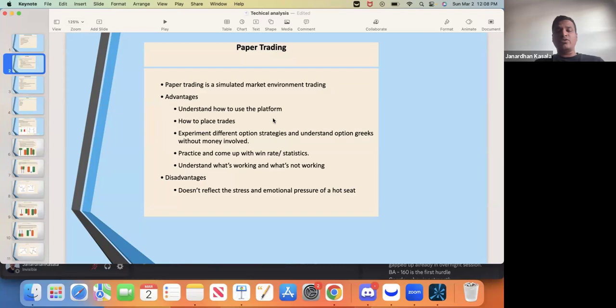But like how to use the platform, how to place trades, and if you want to experiment with options, you go place options trades, no money involved. Want to experiment with a vertical, you go place an order and see how Greeks work, how theta decay works. You can learn a lot of things, you can experiment and come up with your own statistics, like okay, what's working well for me and what's not.